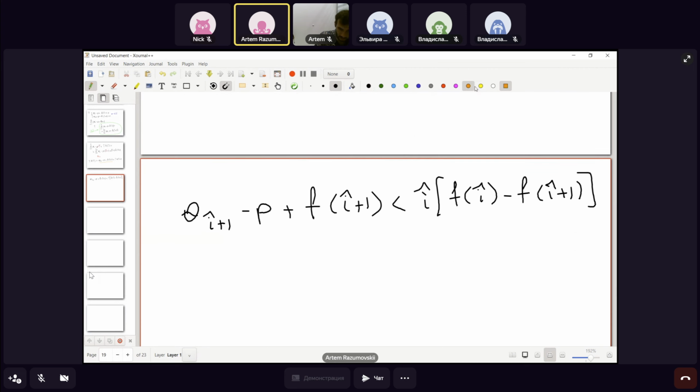So what can we say about this? If f is increasing, this is less than 0. If f is decreasing, then this is greater than 0.